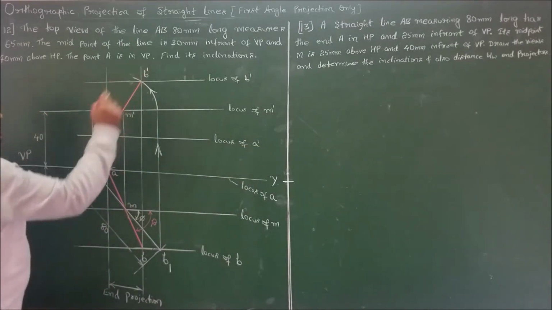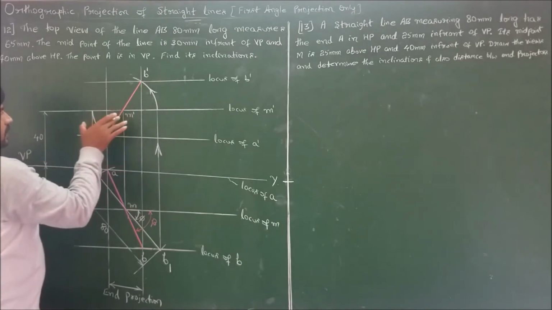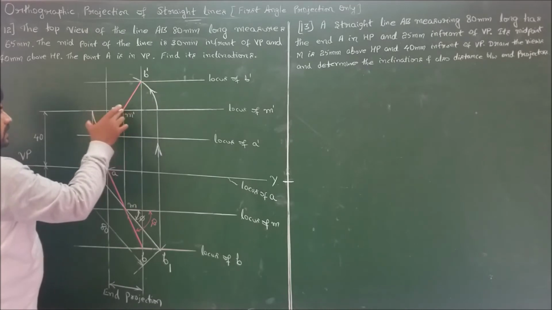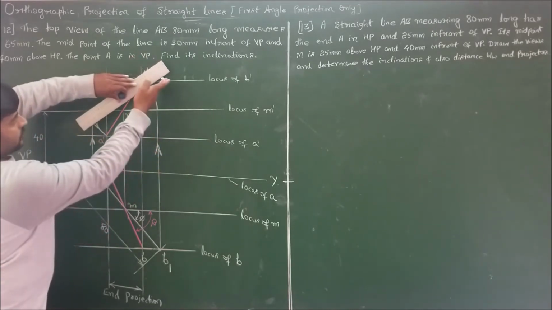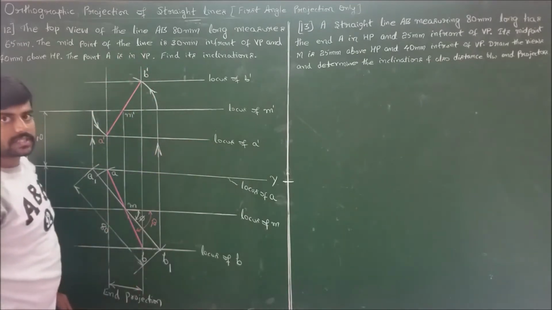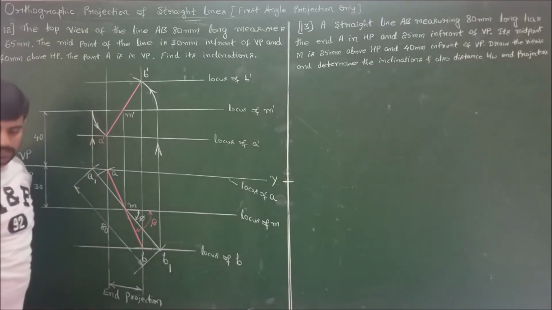Now to get the true length in front view, we know that half the line will come in front, half the line will come behind. So from here cut 40, from here cut 40 behind, or from here cut 40 in front. From that point, passing through midpoint, extend till it intersects the locus of A dash. That completes the front view true length.